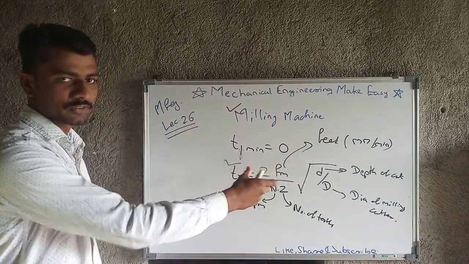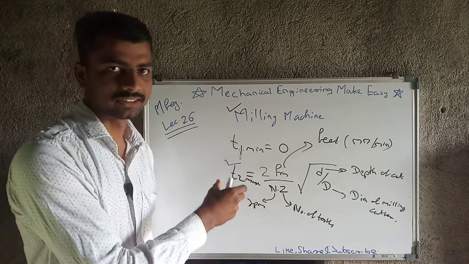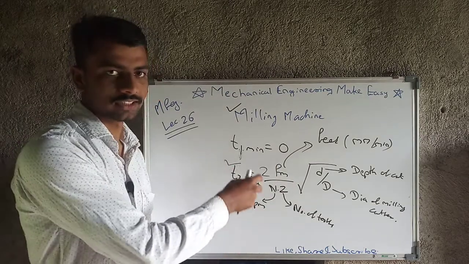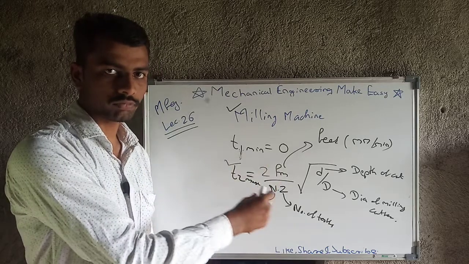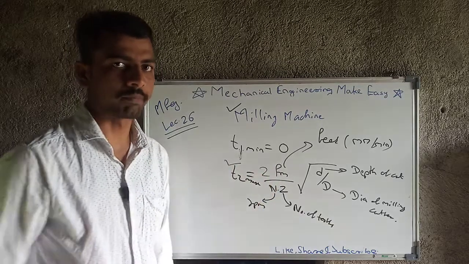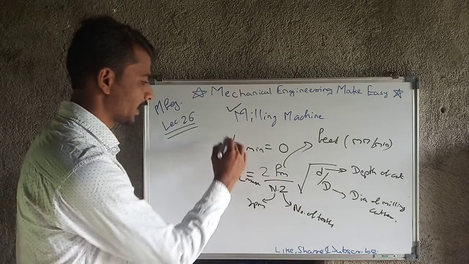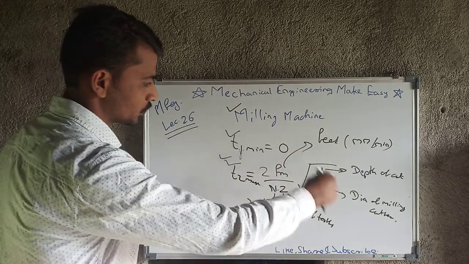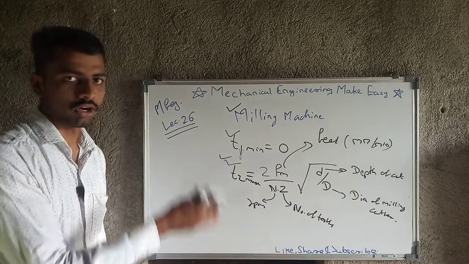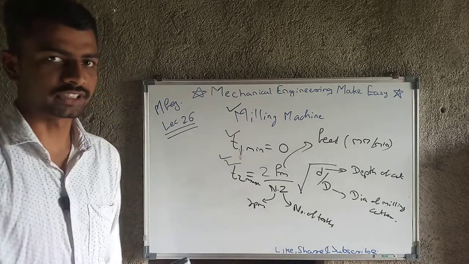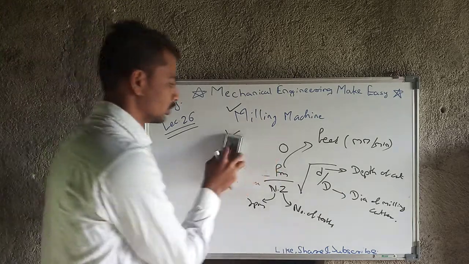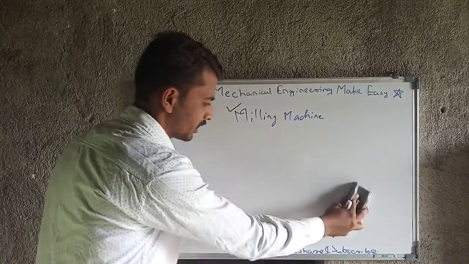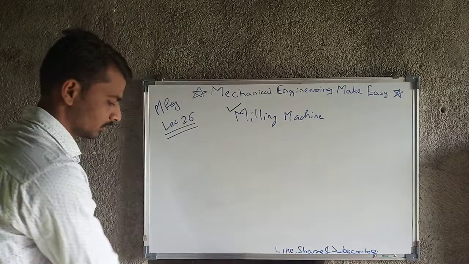So from this formula you can get the maximum thickness that the cutting operation can have, that is twice Fm upon N Z under root of small d upon capital D. So note down this formula. T1 minimum will always be 0, T2 maximum will have this value, and we are talking about the values for up milling or conventional milling, not for down milling. If you have any confusion, then you can connect with me.